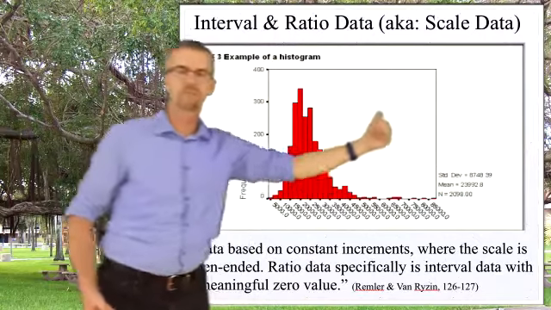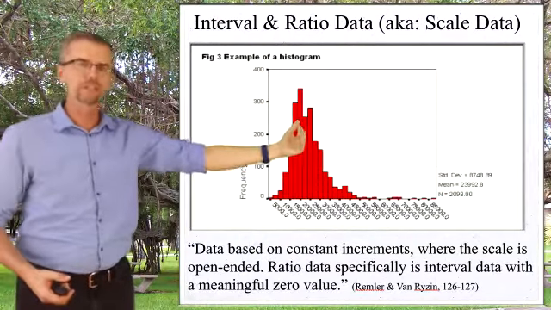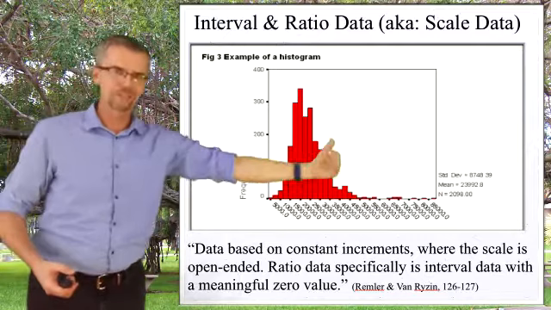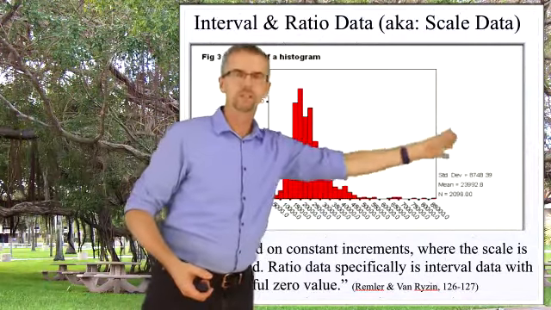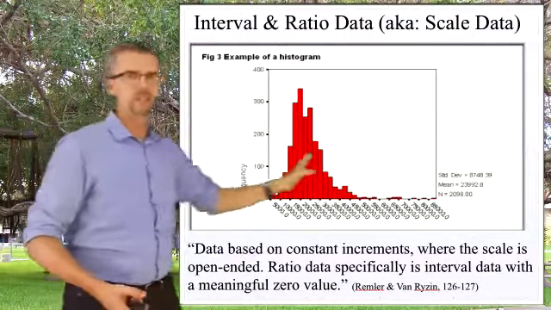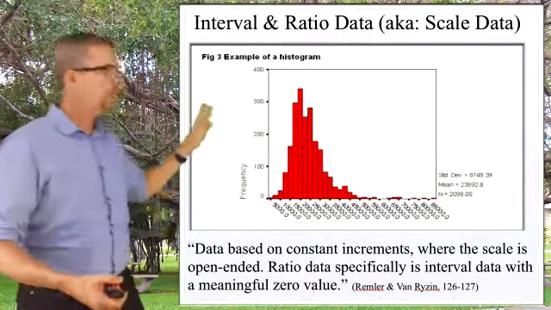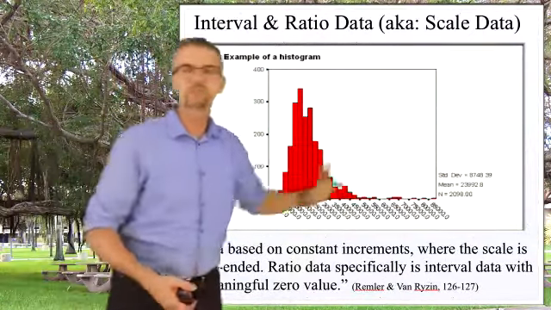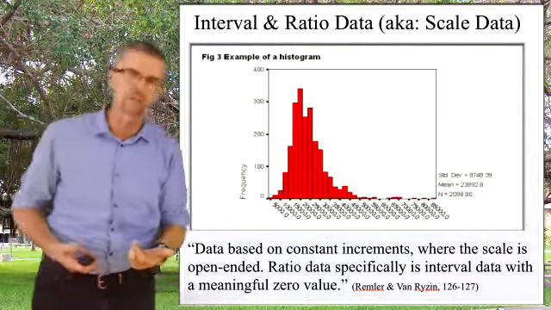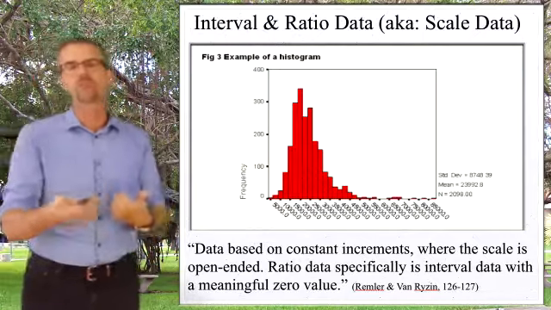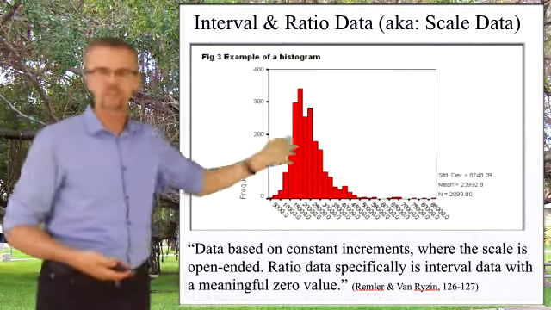All of a sudden you have converted your interval data into ordinal data because you lumped this last category into everything above. So it's no longer scale data, and every one of the units is not the same. You'll see that quite often with income, and it's actually a very confusing thing that we do on assignment number 5, and the midterm has a question on it that's going to drive you crazy if you don't understand this.